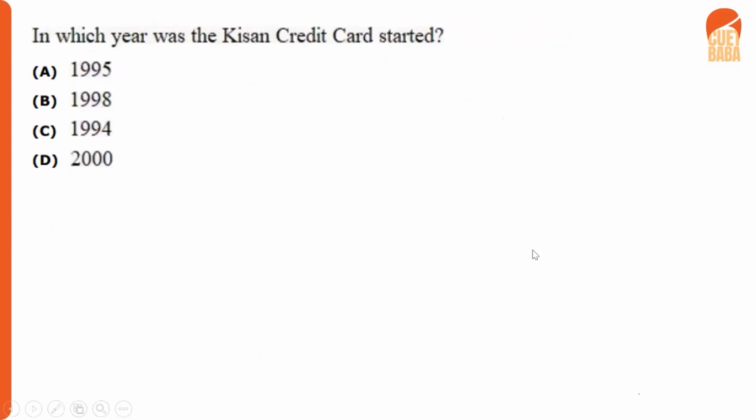Next, we have a very theoretical question: in which year was the Kisan credit card started? We have a few options, that is 1995, 1998, 1994 or 2000. It's very important to understand what this is as well as the year, because probably in 2022 it was asked the year, and in the coming years, they might ask something else related to the Kisan credit card.